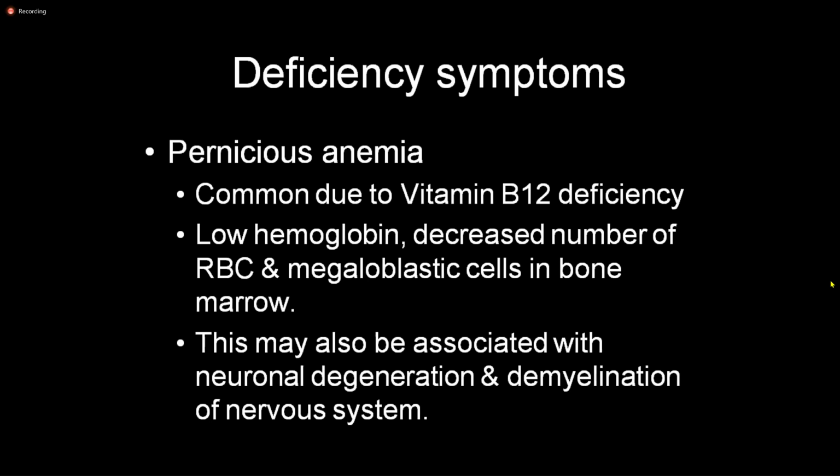It means that there is a high MCV in the blood, similar to folic acid deficiency, but pernicious anemia is due to absolute deficiency of vitamin B12. And there will be low hemoglobin, a decreased number of RBCs, and megaloblastic cells in the bone marrow.